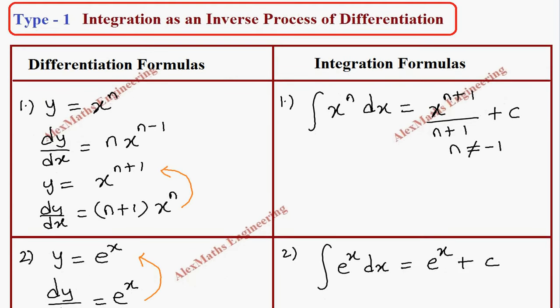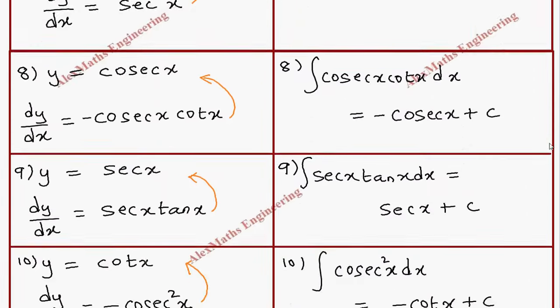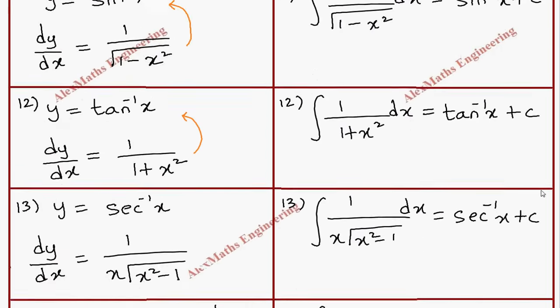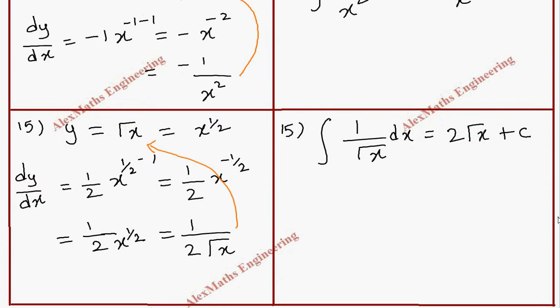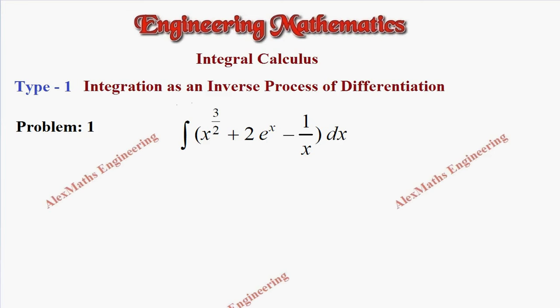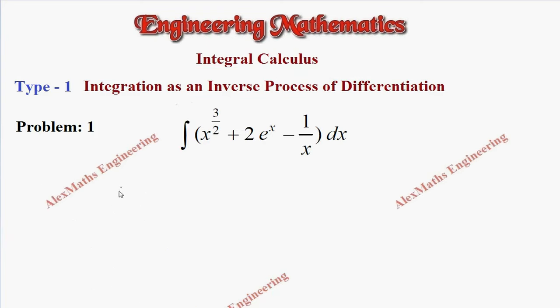And now let's solve a few problems based on all these formulas, which is purely based on the method of inverse of the differentiation formulas. Now let's solve problem 1. The question is integral x power 3 by 2 plus 2 e power x minus 1 by x dx. So we are going to apply this formula, integration of x power n is x power n plus 1 by n plus 1 for the first term.